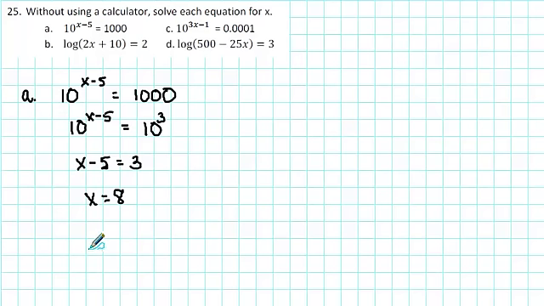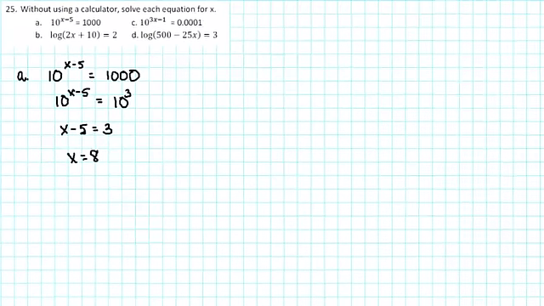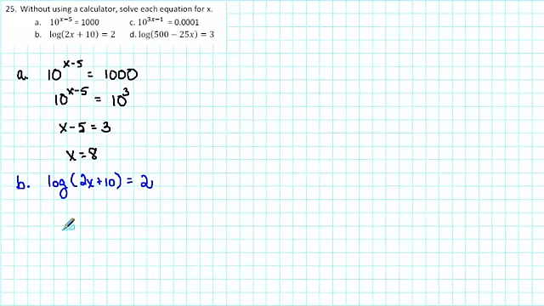In part B, we're asked to solve the equation log of 2x plus 10 is equal to 2. To solve this equation, we need to understand the meaning of logarithms. Let's do just a few examples. What is the logarithm of 10?